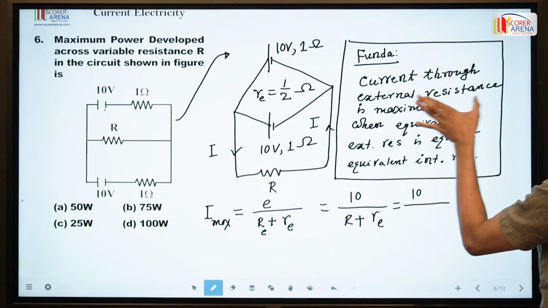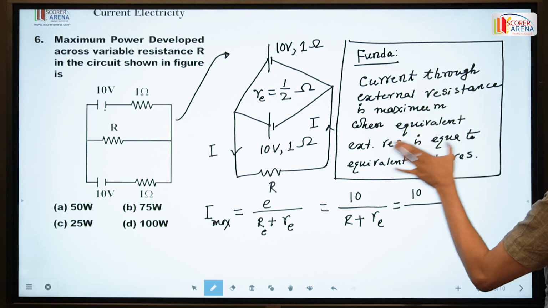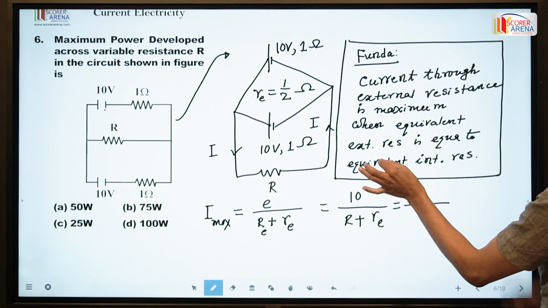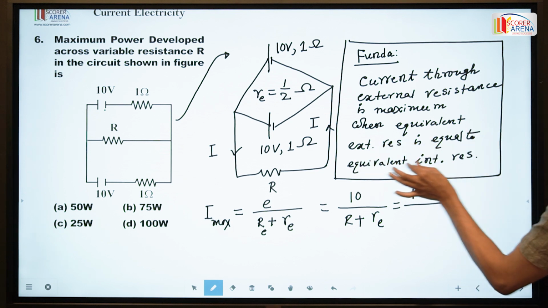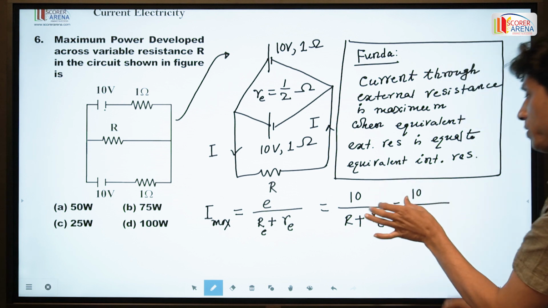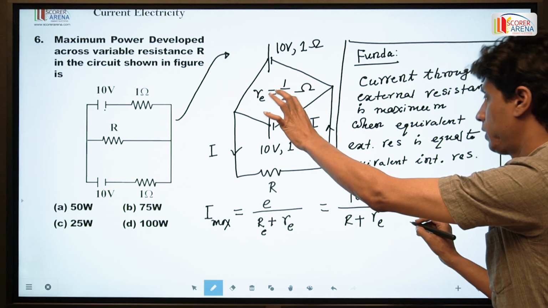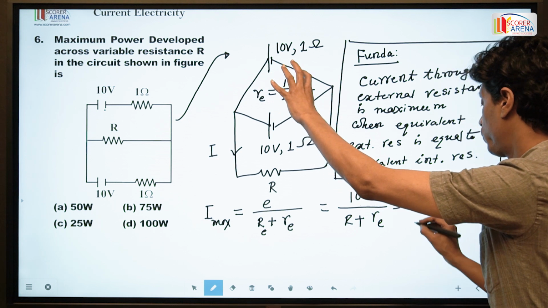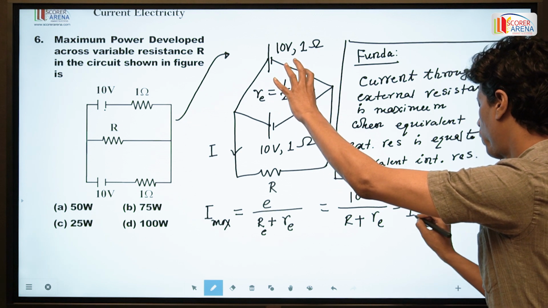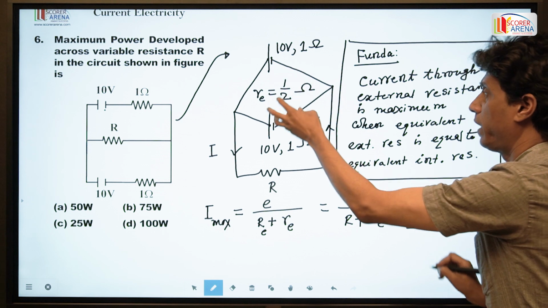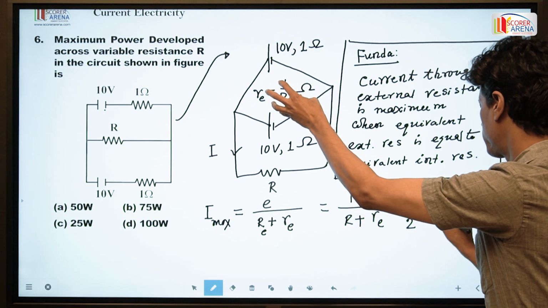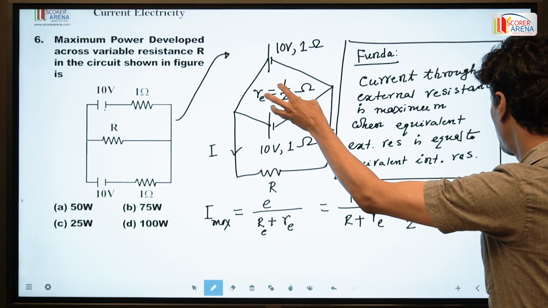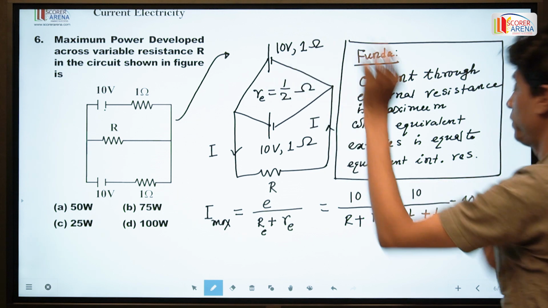Current through the external resistance is maximum when the equivalent external resistance equals the equivalent internal resistance. So the external resistance is half and the equivalent internal resistance is half. So the maximum current through this circuit is 10 ampere.